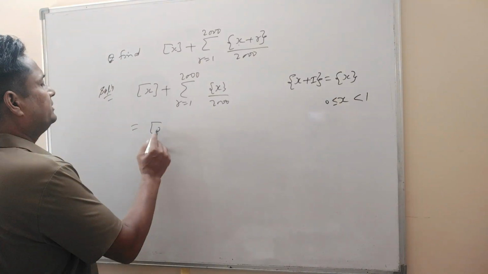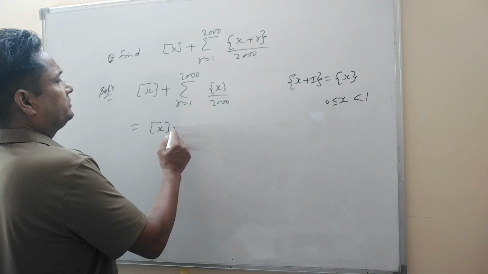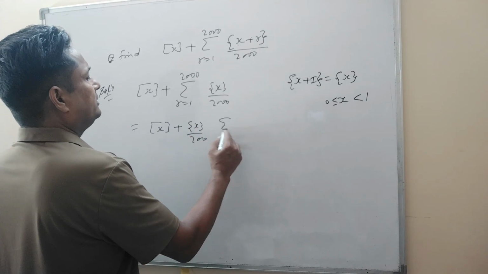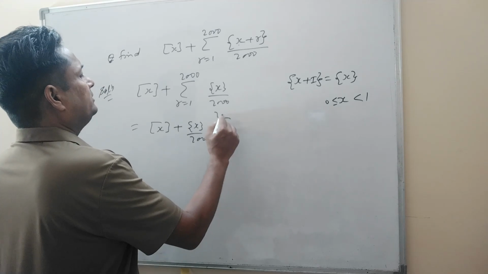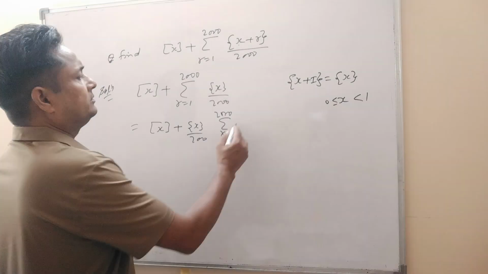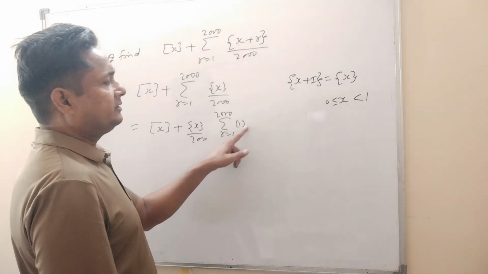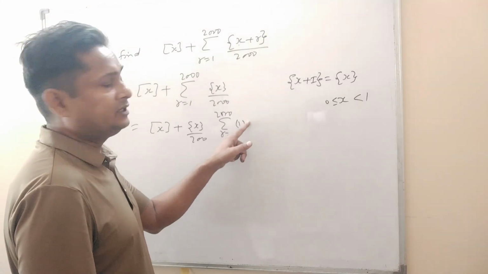So this can be written as the greatest integer of x plus the fractional function {x} by 2000, times the sum over r equal to 1 to 2000 of 1. There is no function of r here that will change.